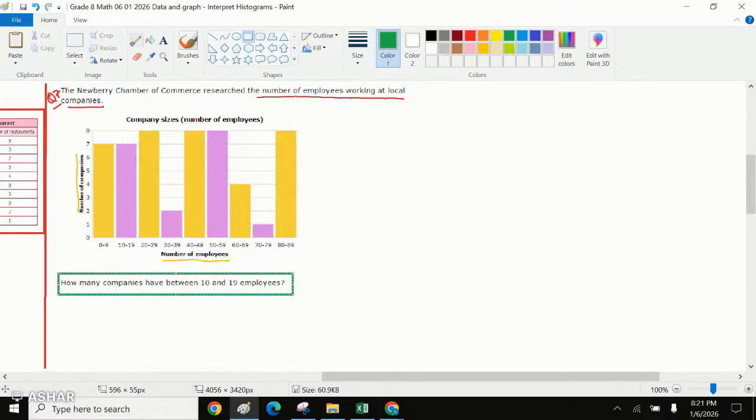How can we find between 10 and 19? We go to the bar that shows 10 to 19, because the x-axis is employees. We look for the bar that says 10 to 19. We go to this bar. You don't have to make a bar on it, I'm just doing it to highlight it for you. So what is the answer for 10 to 19?